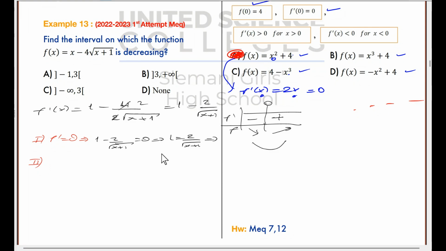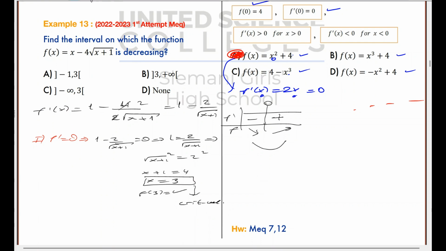Then cross multiply. Square root x plus 1 is 2. Then take the square of both sides. X plus 1 is 4. Then x is equal to 3. I got something. So when I put this back, is it defined? F of 3. Put this in the original function. Yes, it is. No problem. So this is our critical value. So we got the critical value from the first case.